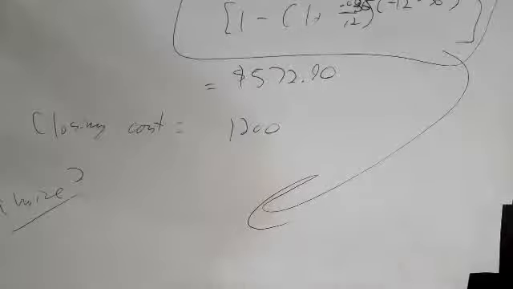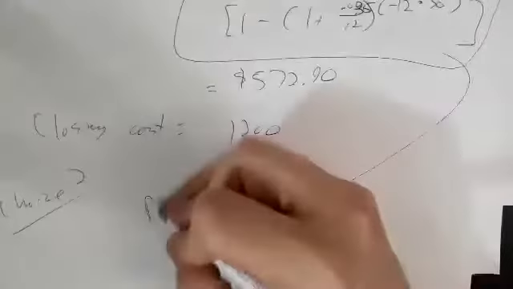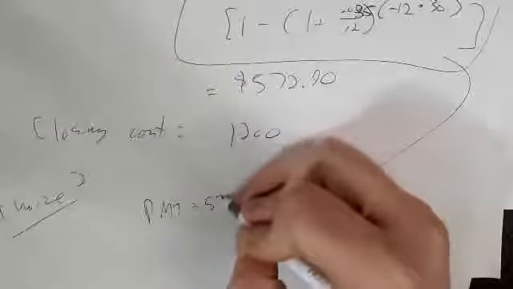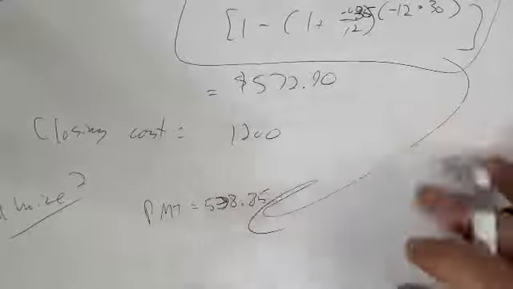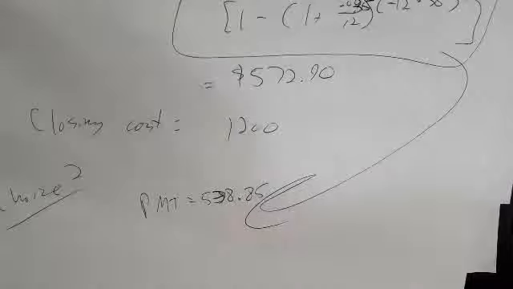All you should change is that thing to 0.035. It's just changing the interest rate. And if we change the interest rate, that's going to make it $538.85. Okay, so that's $538.85 for my payment.